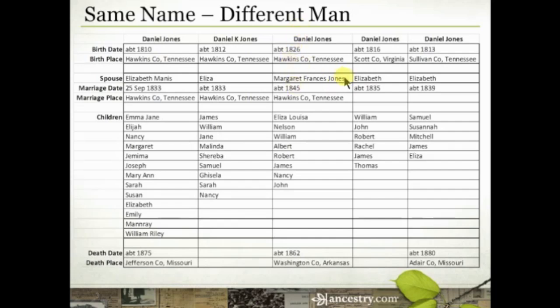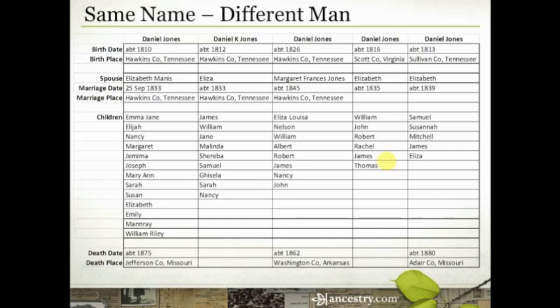This Daniel and this Margaret are actually second cousins. And so again, we have a potential for some really mixed up, tangled up information if we don't keep it really clear. In these cases, I haven't discovered the maiden names yet of these women, but I've been able to positively identify these children as belonging to these particular families.